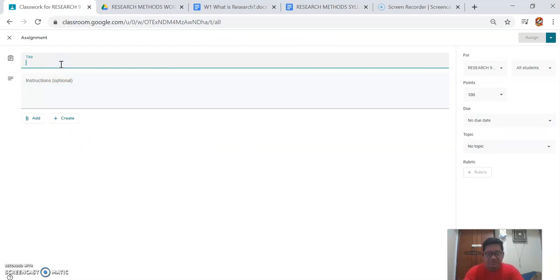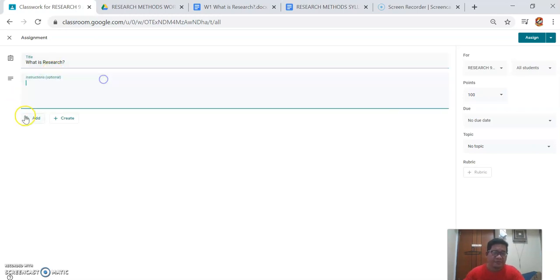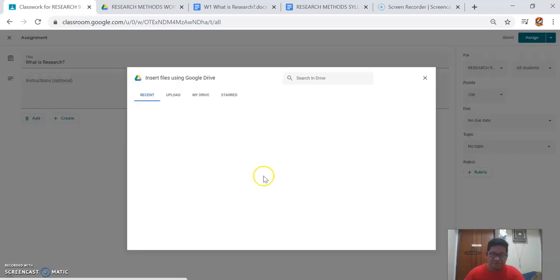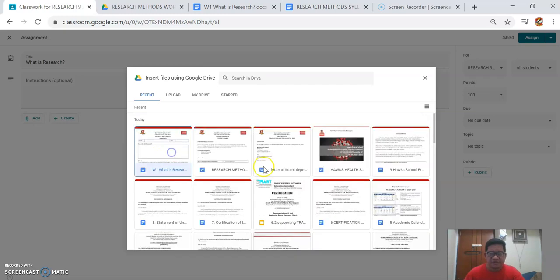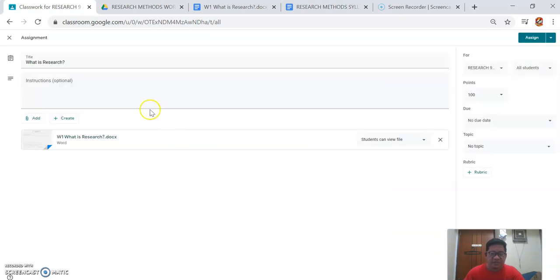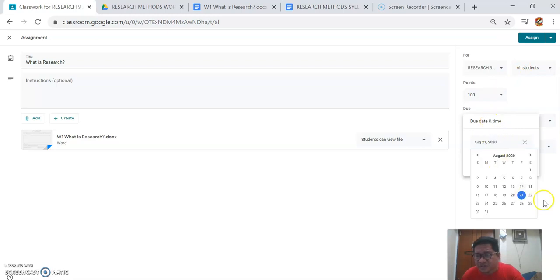Homework one is, what is research? This is going to be your first homework. I'll make the due date on the 25th, and then I'll assign it.